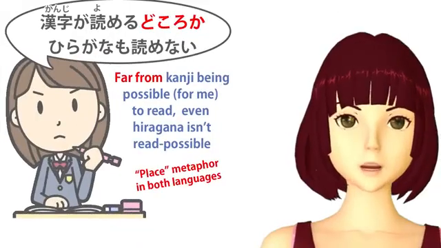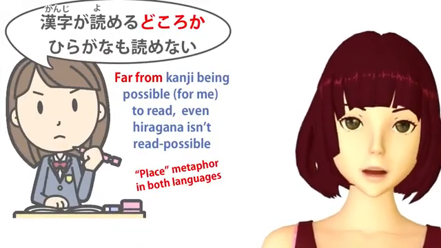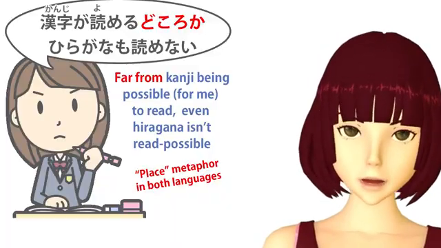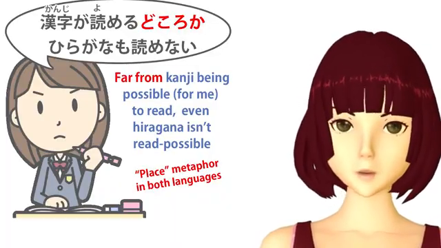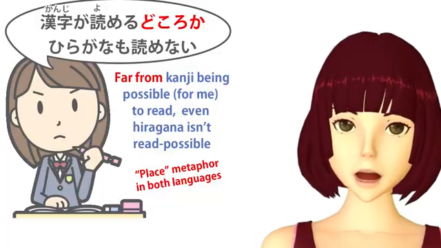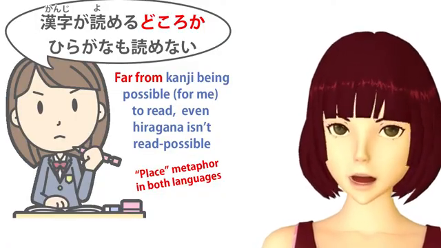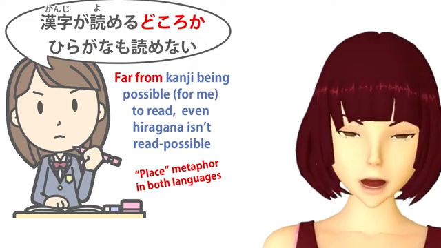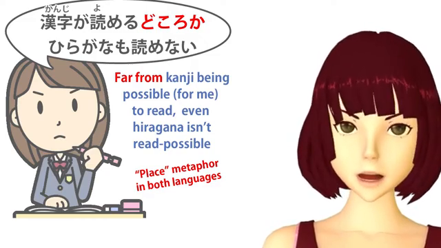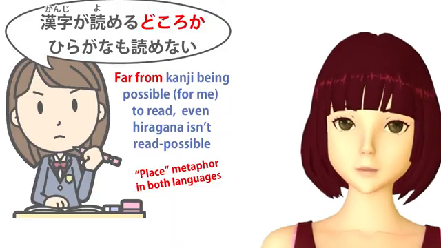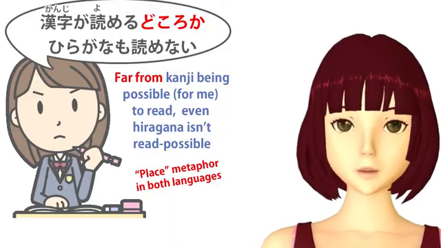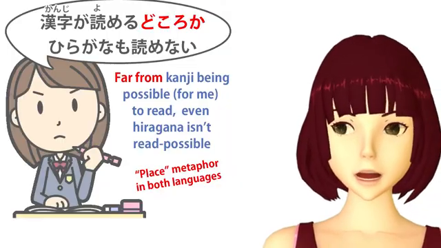So if we say, for example, "Kanji ga yomeru dokoro ka, hiragana mo yomenai." Not only can't I read kanji, I can't even read hiragana. What's dokoro ka doing here? Well, of course it's negativizing, just as we've already seen that it can, but it's also using the concept of place, dokoro, that's to say conceptual space rather than literal place.